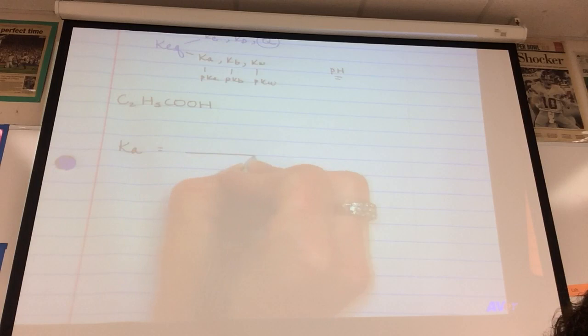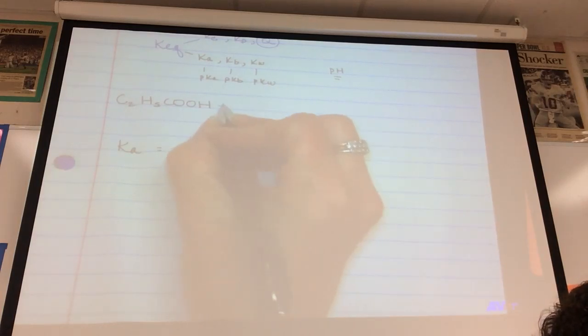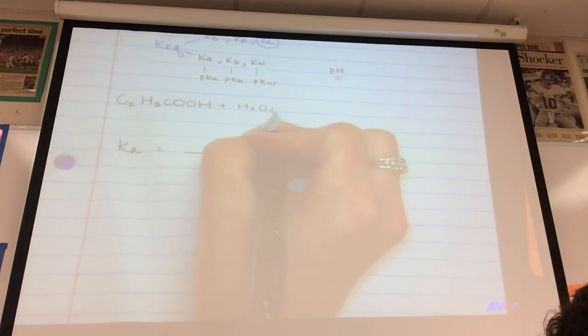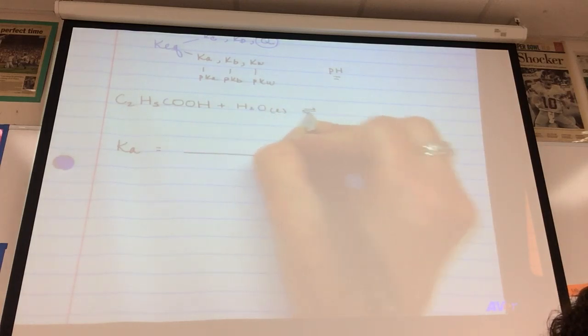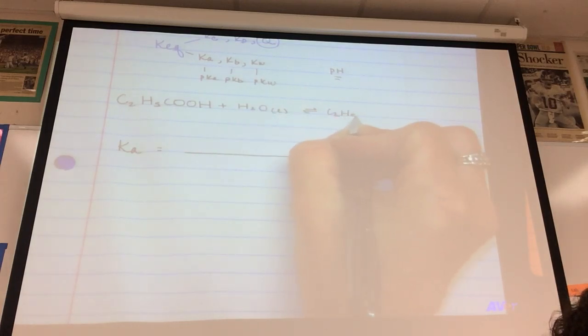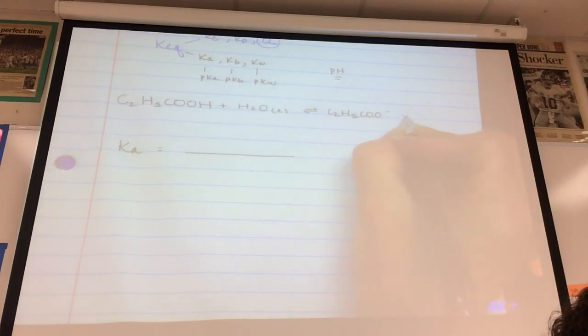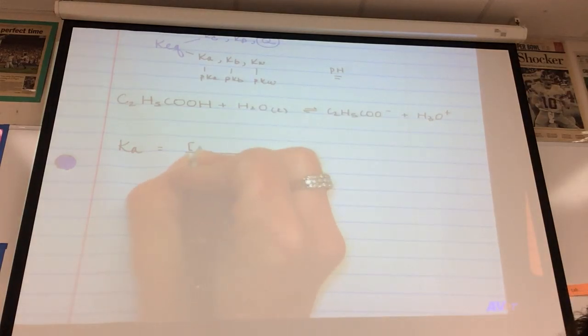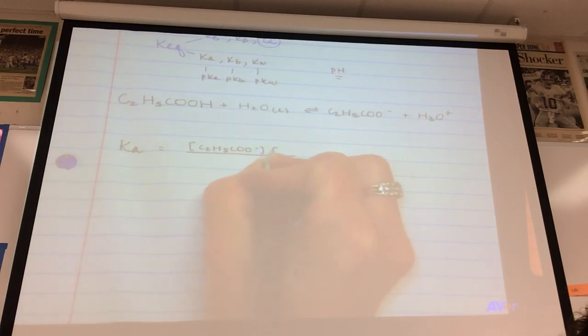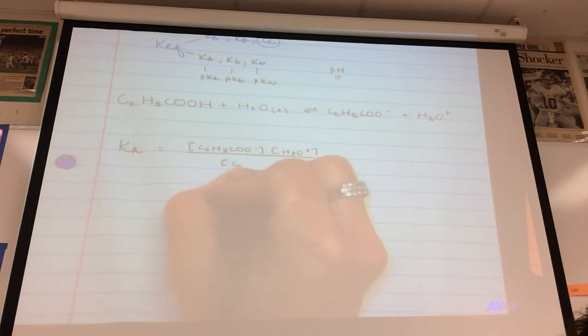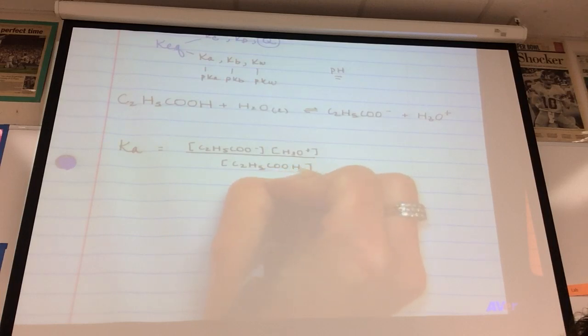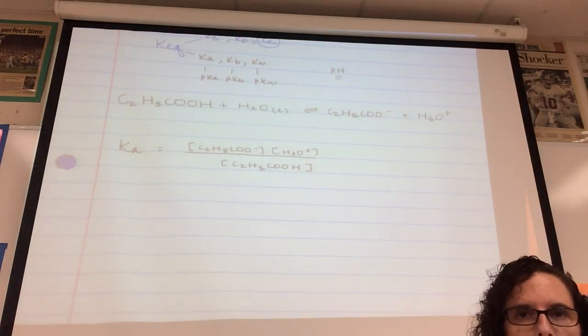In order to get the Ka expression, you can react it with water, liquid, and you will generate a propanoate ion and hydronium ion. We include ions because they are aqueous. And we put it over the acid. And that's my Ka expression.